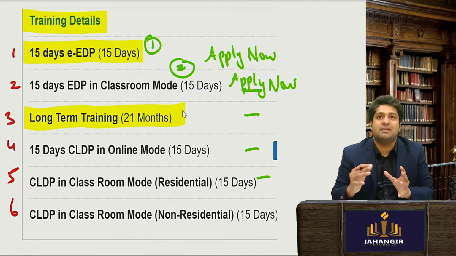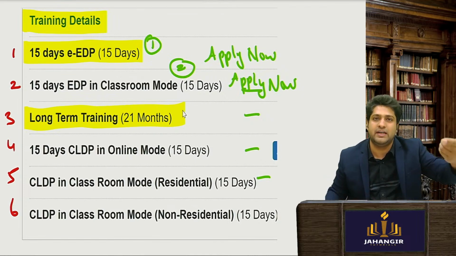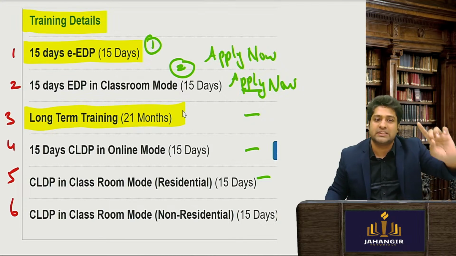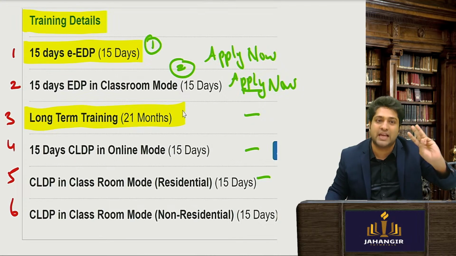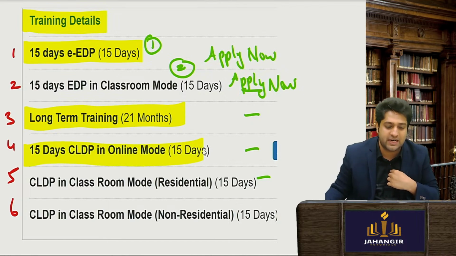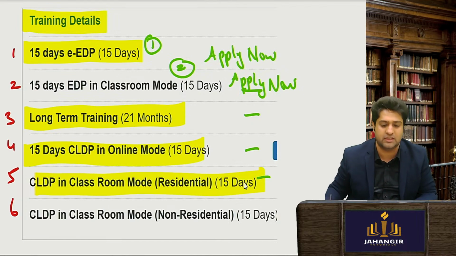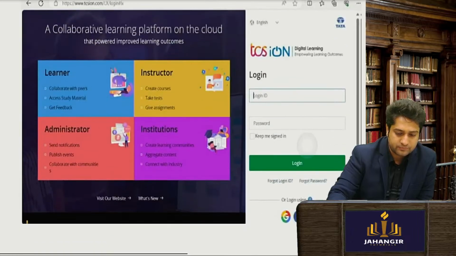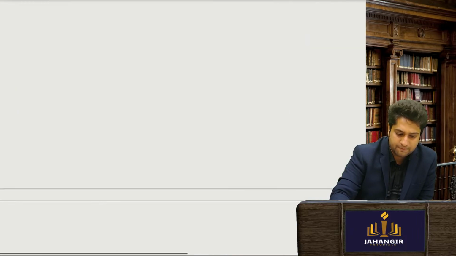Can I start my long-term training without EDP? The answer is no. I told you it is in chronological order. First EDP online, then offline, then the 21-month articleship, then 15 days CLDP, then comes classroom CLDP. This is after you clear your CS Professional or articleship. Fees you need to pay, etc.